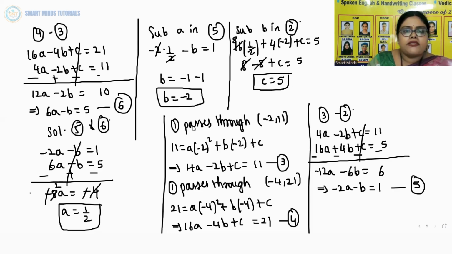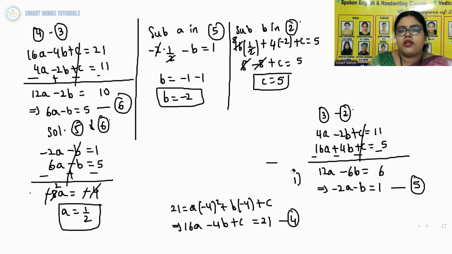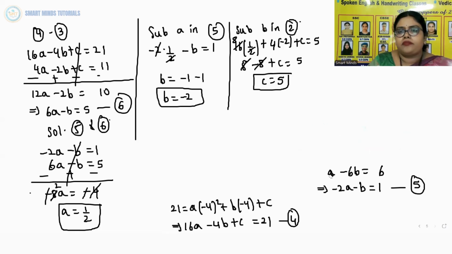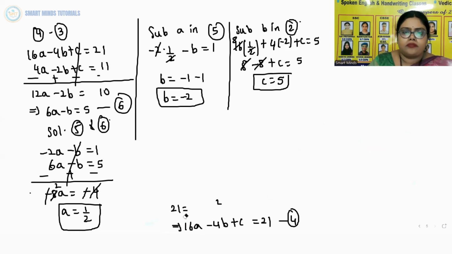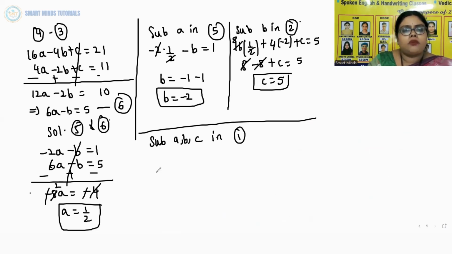Now after getting c value, we substitute a, b and c in equation number 1. What is equation number 1? y equals ax square plus bx plus c.